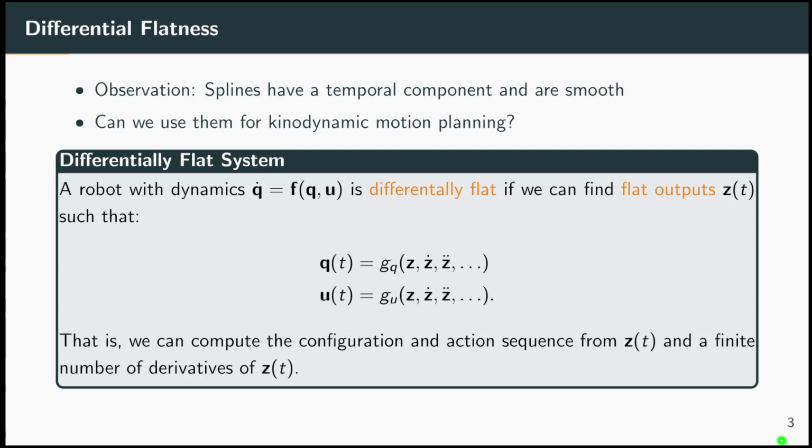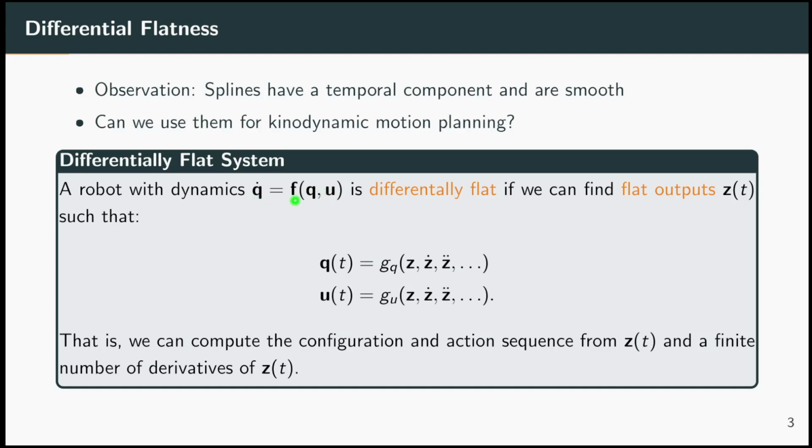In order to achieve that, we have to look at what a differentially flat system is. I have the abstract definition, and we look at it in a second on a concrete example. If we remember, the kinodynamic case is defined by having this dynamics function, which tells us how our state changes given our current state and our action.